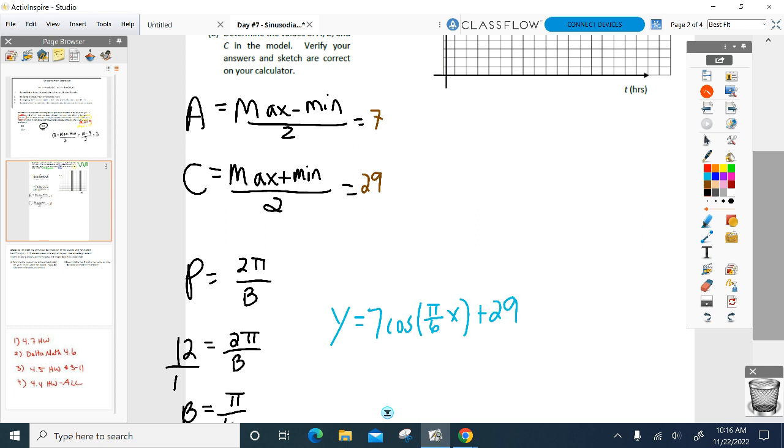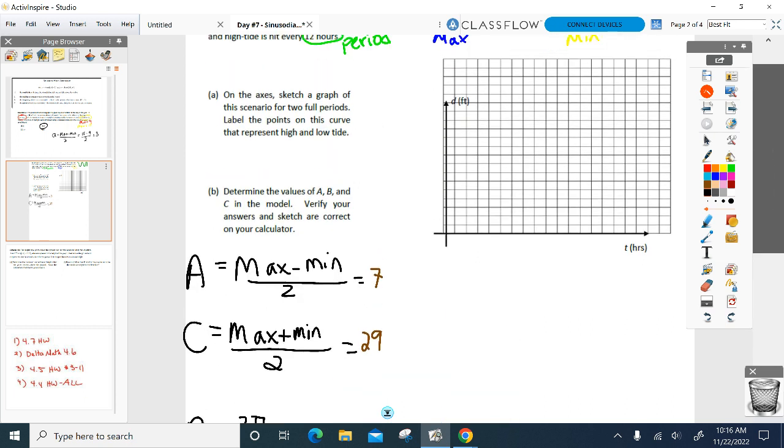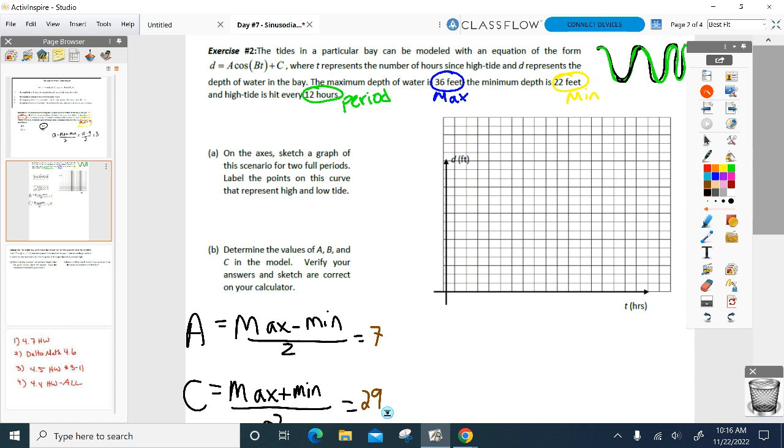What's my C value? Okay, so we need 22, 36, and 29 on the Y-axis. You go by what you got to go by. It's got to be on there, though. You want to go by everyone is 2, everyone is 3. I don't care, but 29, 36, and 22 have to be found somewhere on your graph. It depends on what you want to go by. Obviously, you can't go by ones because I don't think 36 will fit. So I'm not going to figure it out for you.